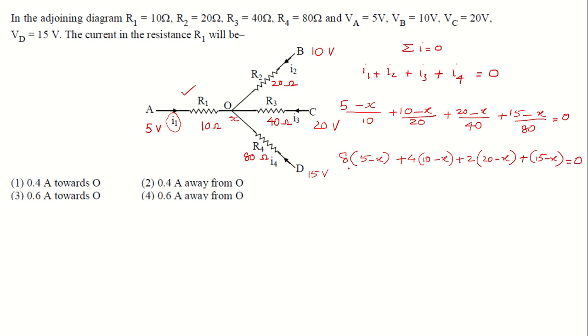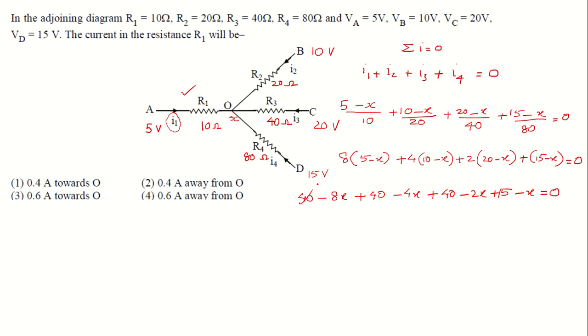So we can just distribute it: 8 into 5 becomes 40 minus 8x, plus 40 minus 4x, plus 40 minus 2x, plus 15 minus x, equal to 0.